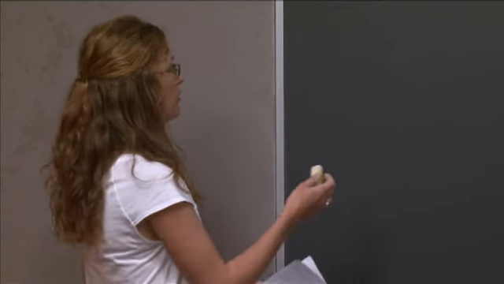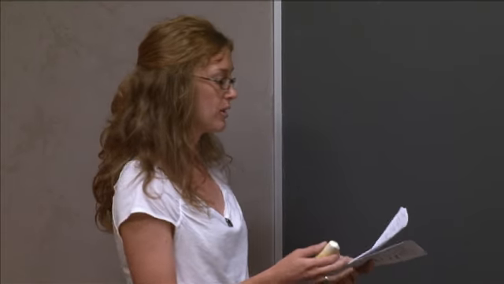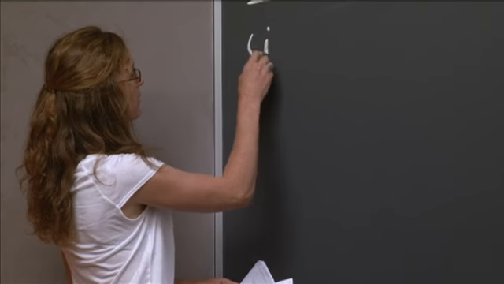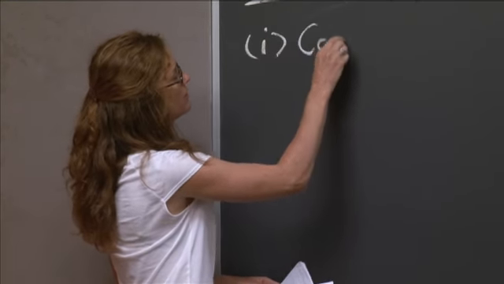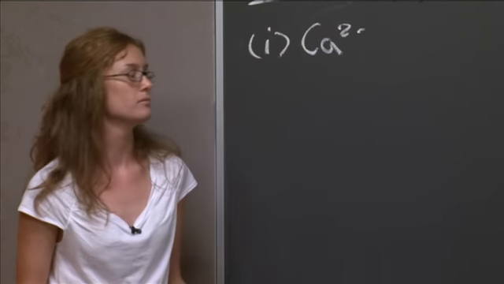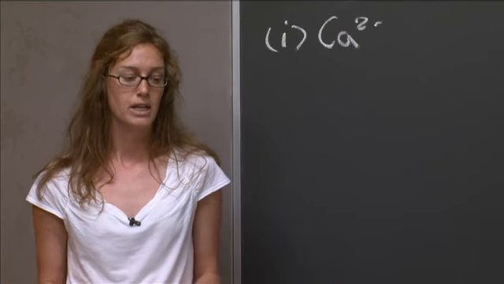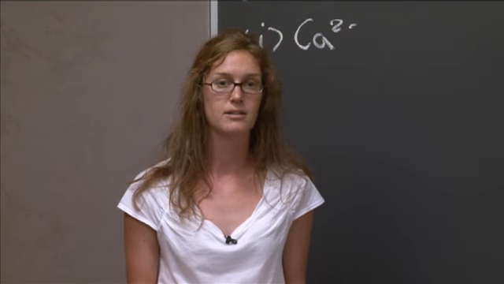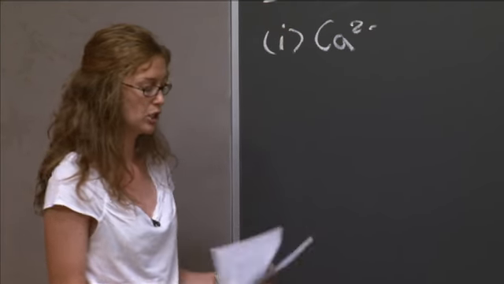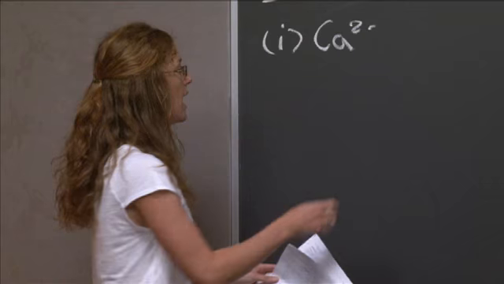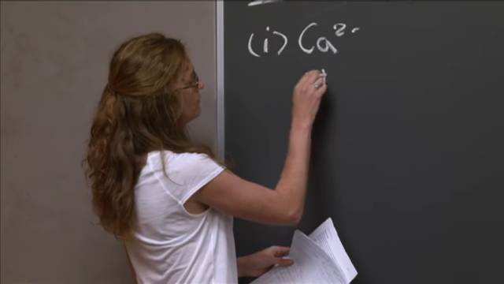So to assign electrons to orbitals, we first need to know how many electrons we have. So let's start with the first part of this problem, which is calcium 2-. We will look at our periodic table and see that neutral calcium has 20 electrons.